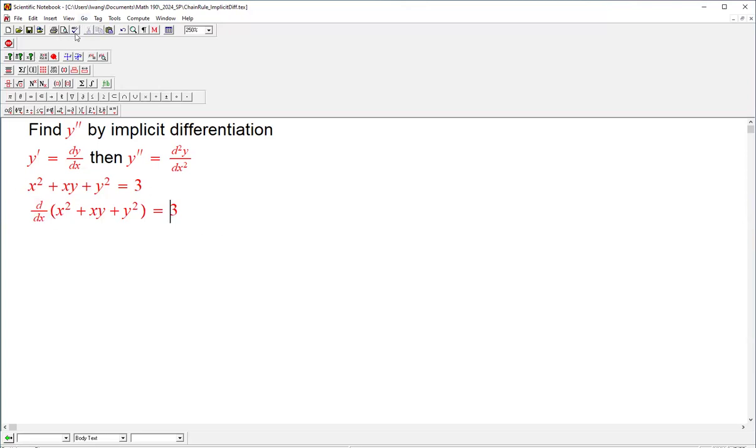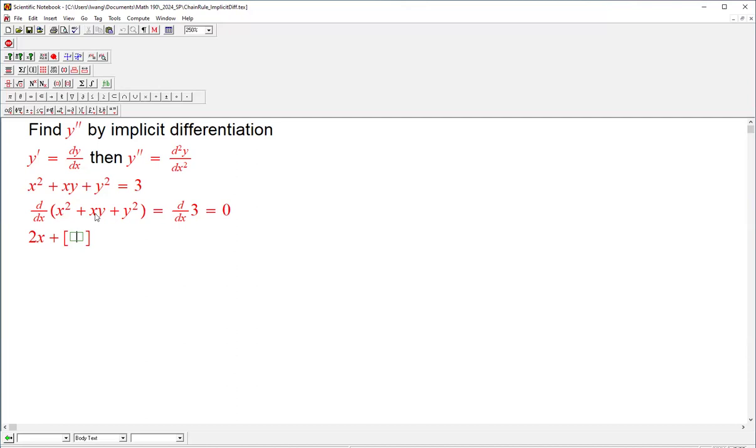Okay, I'm doing this so everybody can understand. The right hand side is 0. The left hand side, we're going to differentiate term by term. We have 2x plus, and this part is going to be a product.